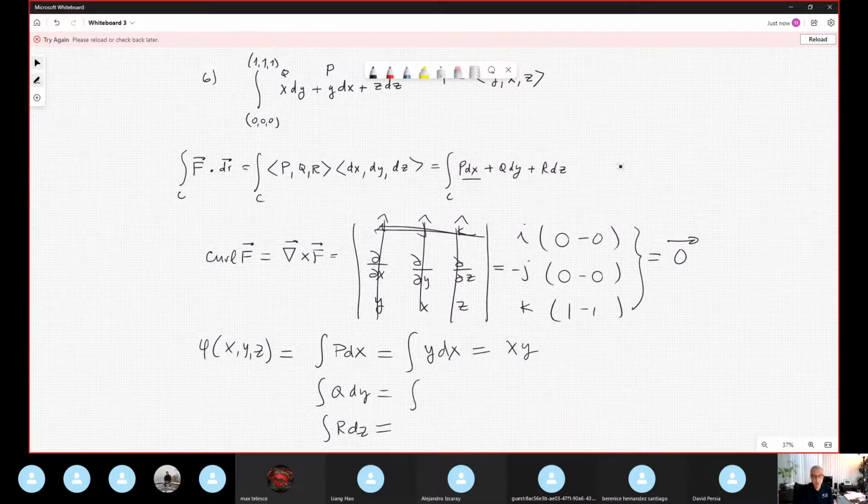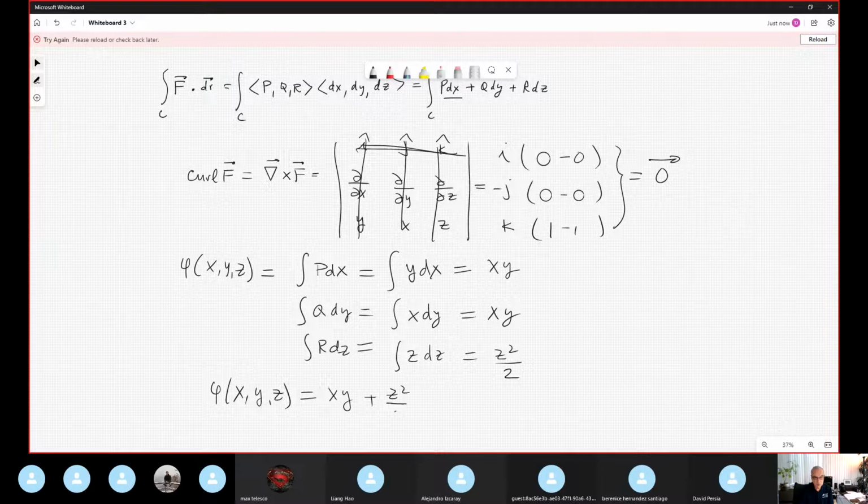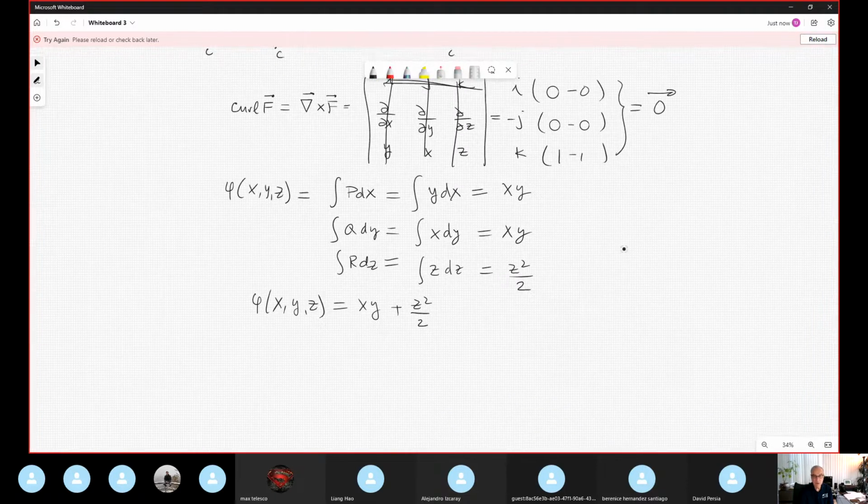And the second is Q, which is x, no? x dy. Always the same. You see that sometimes it's a repeated expression. And finally is R, but R is z, no? Integral of z dz. Oh, this is different. This is z squared divided by 2. Therefore, my potential function f(x, y, z) is, you take this one time, xy plus z squared over 2. You see this is repeated. You take it one time only, and this is completely different.